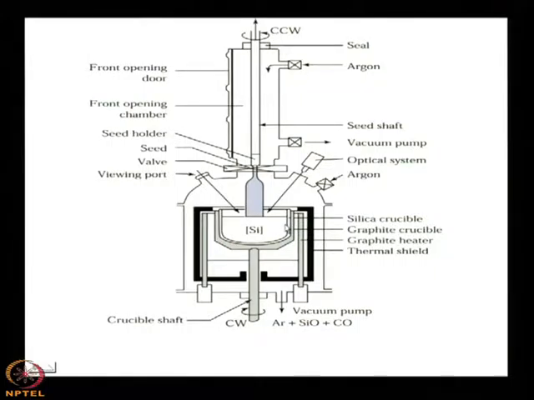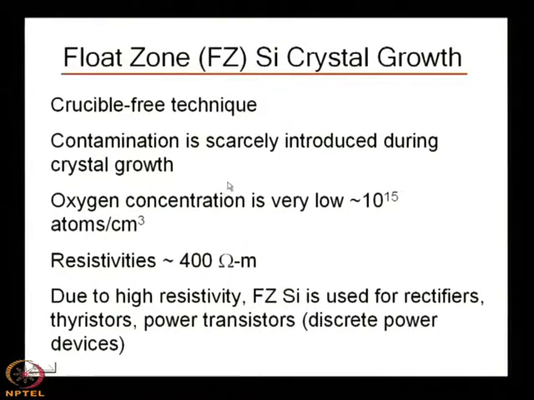And there is another technique in which we can avoid this kind of contamination from the crucible, and that is known as the float zone silicon crystal growth. Okay, that is known as the float zone silicon crystal growth.